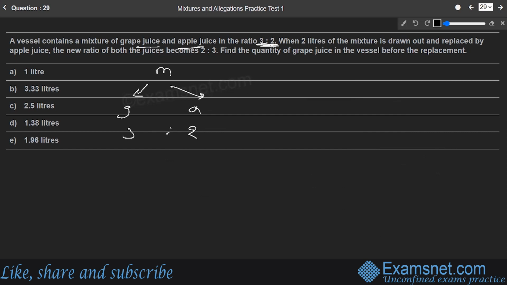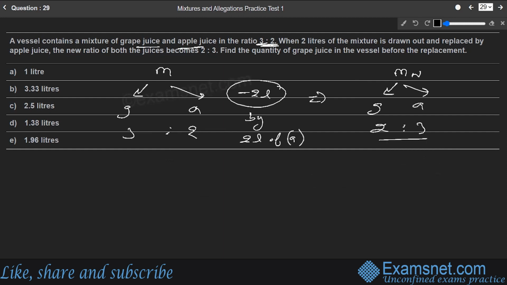When 2 liters of this is drawn out and replaced by 2 liters of apple juice only, then they say the new ratio of the juices becomes 2:3. So the new mixture should have the grape to apple ratio changed to 2:3. Then they ask to find the quantity of grape juice in the vessel before the replacement. This is the situation.